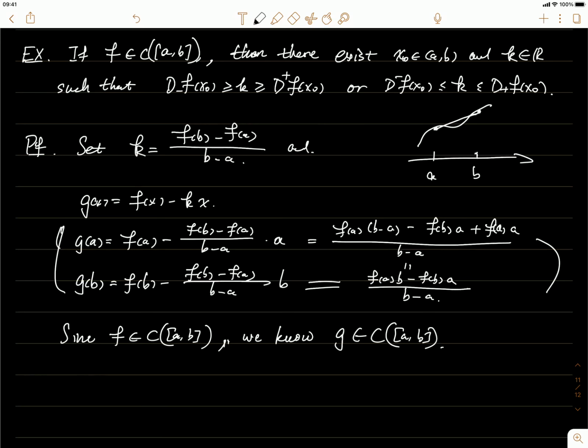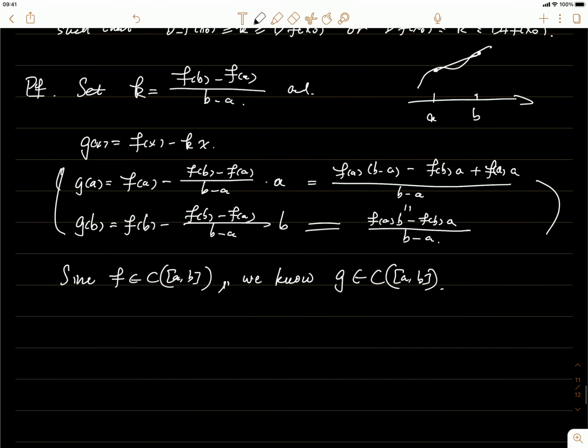And being continuous on the closed interval means that it can achieve a maximum or minimum somewhere. So g achieves a max or min at some point x naught. Okay, let's say that it achieves the maximum at x naught.